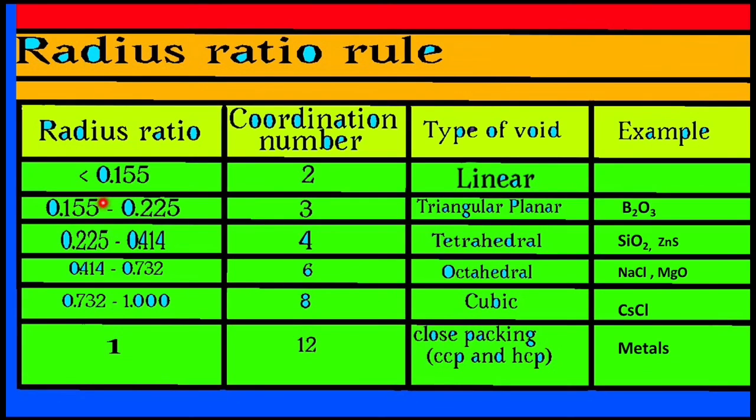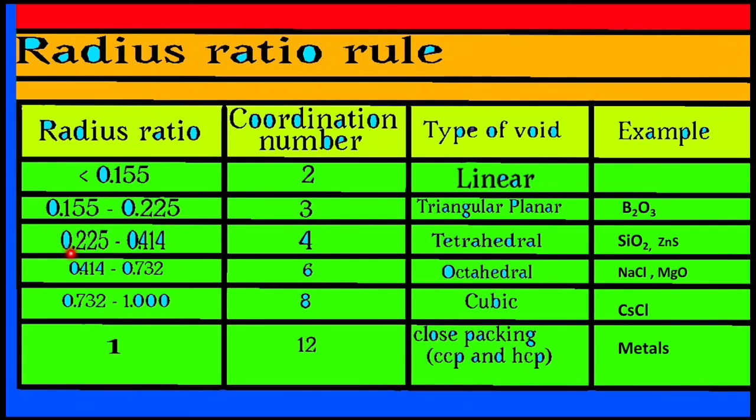Let's discuss the summary of the radius ratio rule. If the radius of the cation to anion ratio is less than 0.155, then the coordination number is 2 and the void is linear. There is no example for it. If it's in the range of 0.155 to 0.225, then we have coordination number 3 and triangular planar, and the example is B2O3.